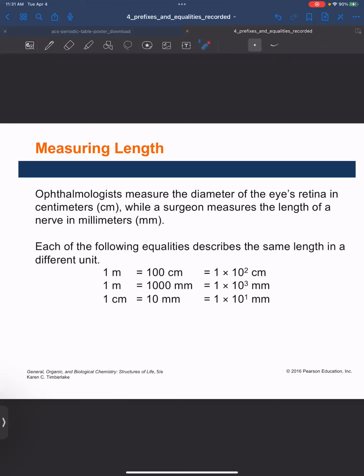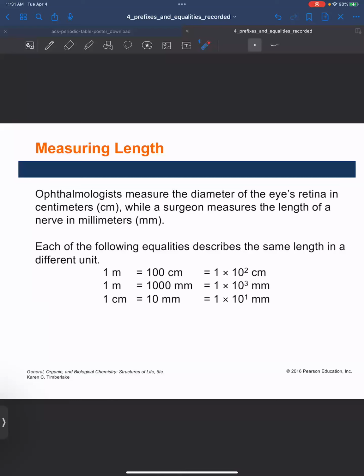So for example, 1 meter is 100 centimeters, or 1 times 10 to the second centimeters. This is just written in scientific notation. 1 meter could be 1,000 millimeters, so 1 times 10 to the third millimeters. And 1 centimeter is equal to 10 millimeters, which is 1 times 10 to the 1 millimeters.